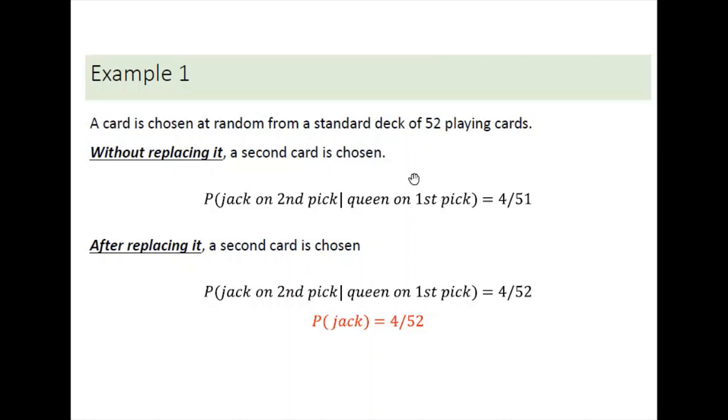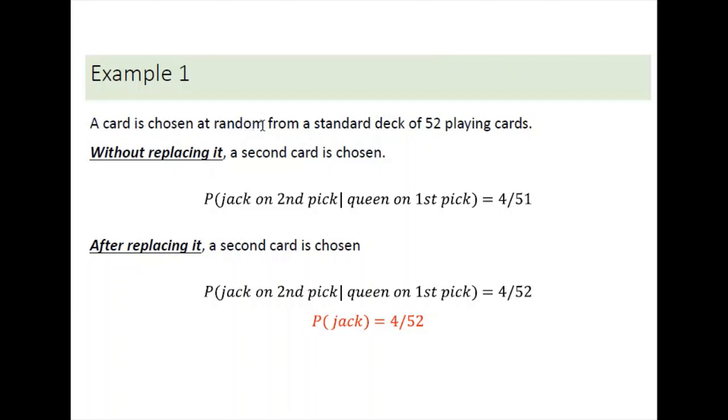Because a queen was on the first pick and the sampling is without replacement, the number of cards in the deck is 51, and because the first one was a queen, not a jack, we still have 4 jacks in the deck. So the probability of a jack, given that the first one was a queen, is 4 divided by 51.